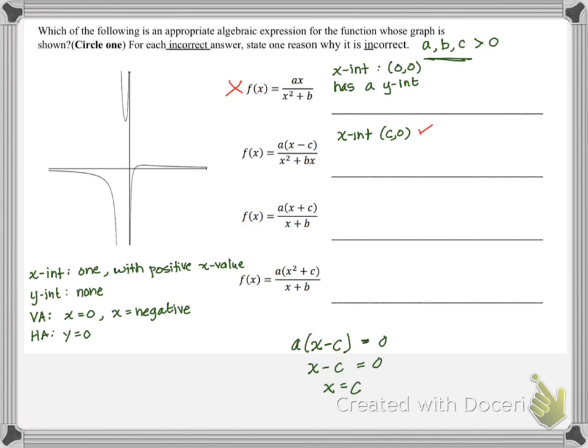It's positive, and there's only one of them, which is exactly what we want. What about the third one? What's the x-intercept there? It's negative c, good.